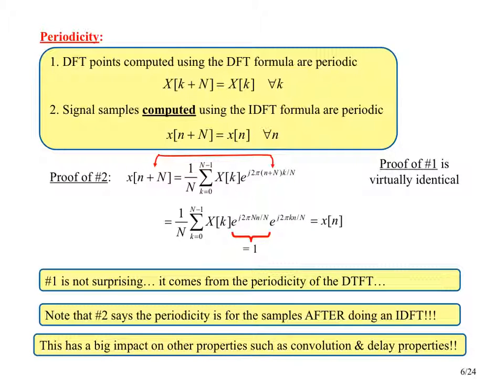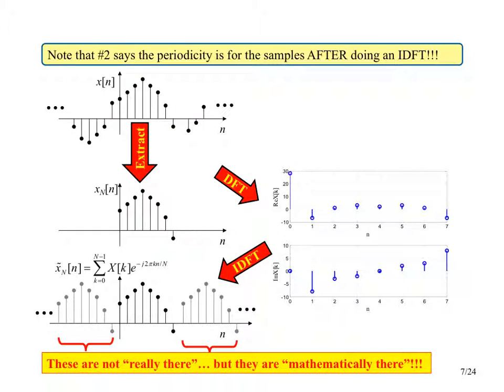This is a subtle view, because really we're taking N samples, putting them into the DFT, getting N DFT points, putting those into the IDFT, and getting N points back. So what does it mean for those N points to be periodic? We'll see it on the next slide.